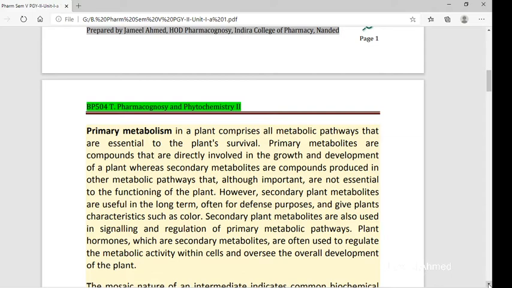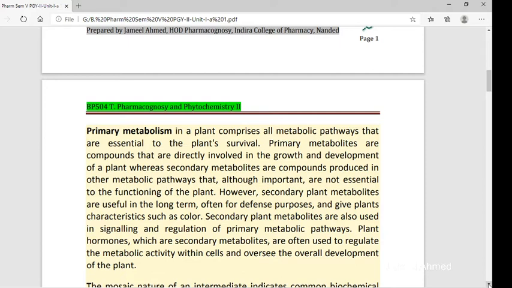You must understand that primary metabolite is directly involved in normal growth of the plant and development of the plant, and they are involved in the reproduction of the plant itself. If you see the example, ethylene exemplifies a primary metabolite produced on a large scale by industrial microbiology. This one is about primary metabolites.